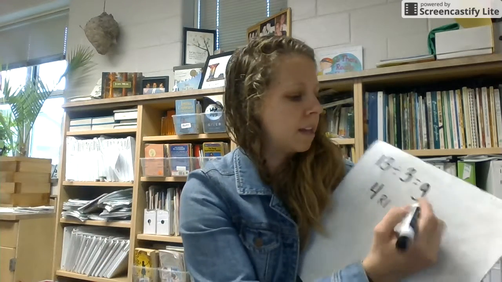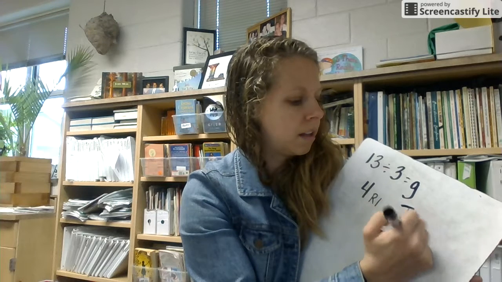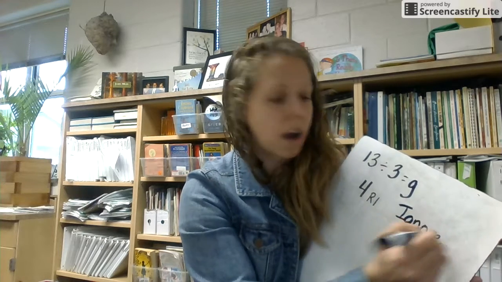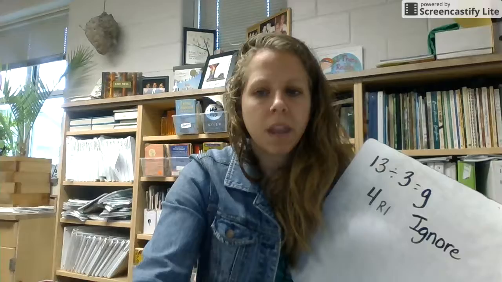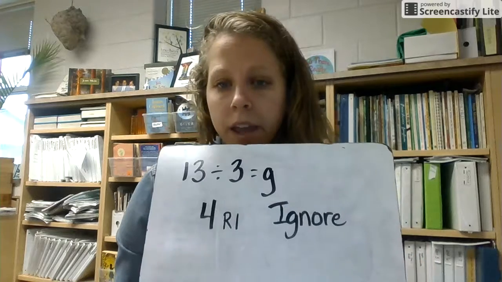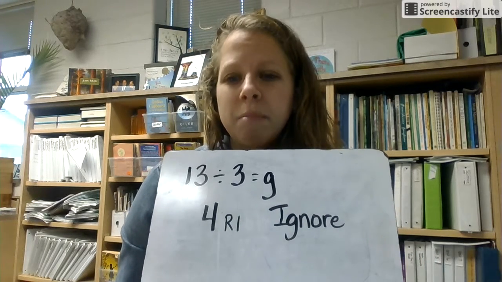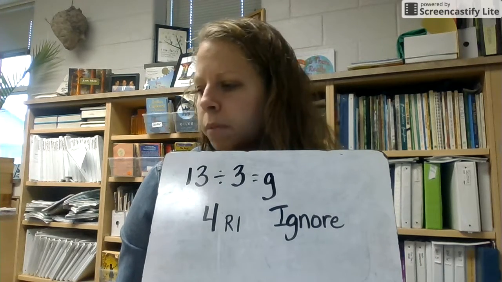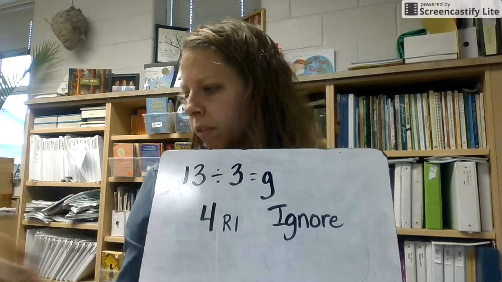And that's one of the ways that we can use a remainder or not use it. We can ignore it, okay? Another thing that we could do is we could round this number up, okay? Well, we can't really make more gum, so that wouldn't be a very good option for us.